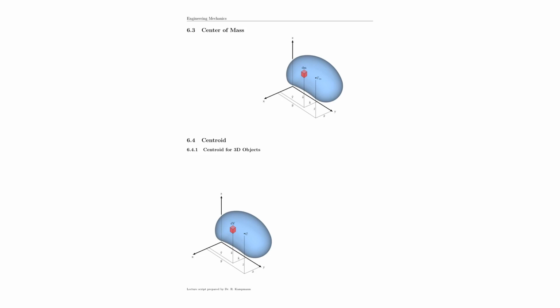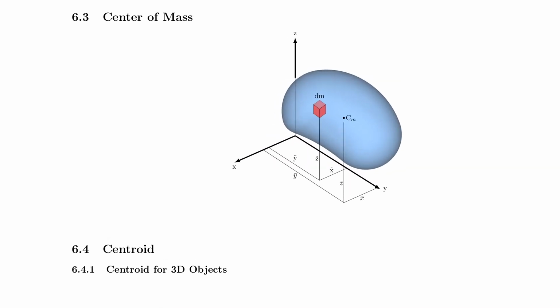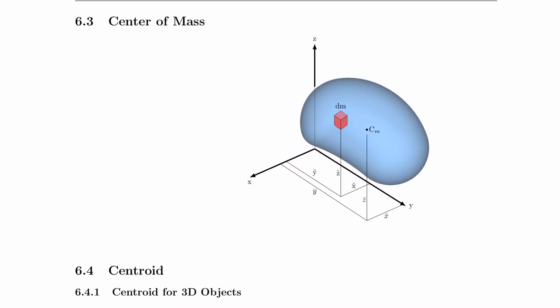For the center of gravity, we used pretty much the weight. Now we're going to look at the center of mass. What you see already here is that we're not dealing with dw anymore. We're dealing with dm, which is the mass, and then we call this the center of mass here. But everything else stays the same. The formula does not change, except that I replace my dw.